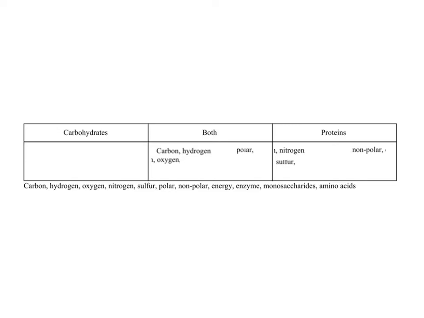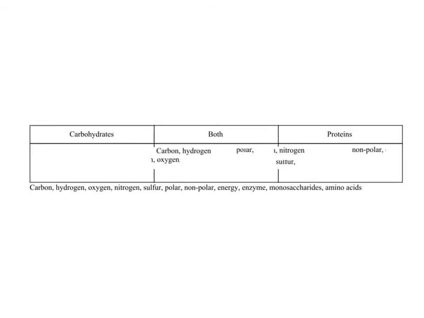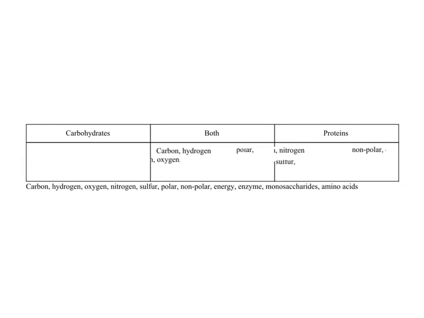Energy is an important thing for carbohydrates. Now, proteins can give you energy, but generally it's not considered to be a good idea, and if you're doing that, you're probably dying. So we're going to keep energy in the carbohydrate box. An enzyme is an example of a specific kind of protein that does a specific kind of job where it catalyzes or makes a reaction go faster.